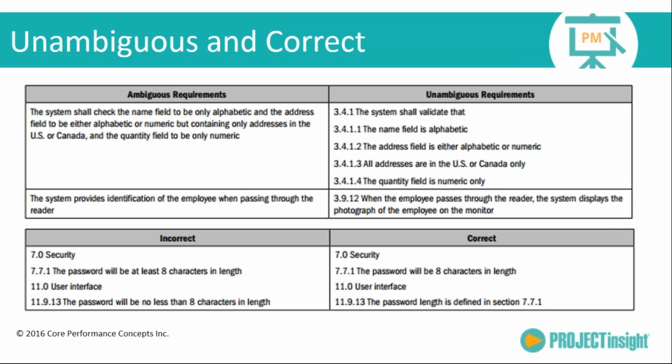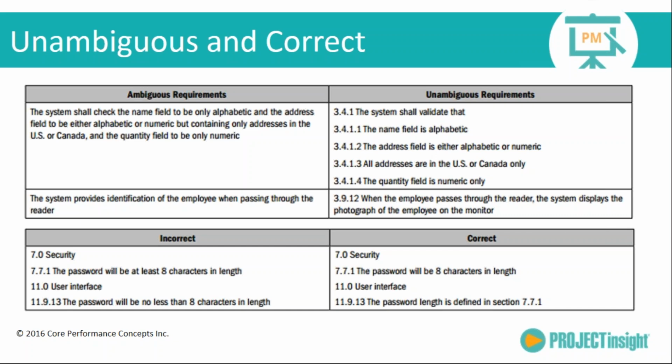Well, what PMI says is that when something is unambiguous, it means the two individuals agree on the requirement, that they interpret the requirement exactly the same.